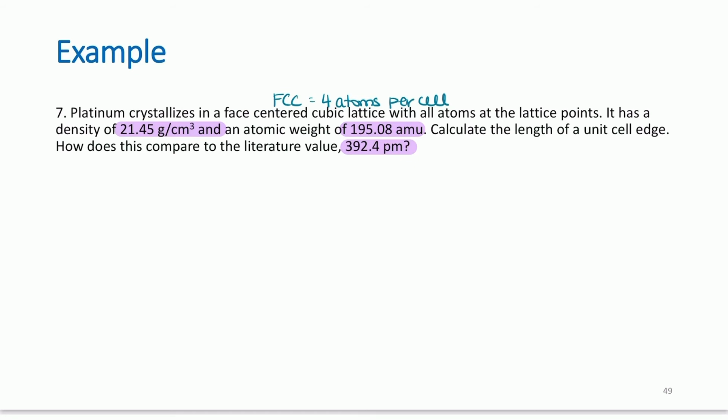So I've got 195.08 AMU, density 21.45 grams per centimeter cubed. I've got a literature value I'm comparing it to. I'm going to calculate the mass of the atom, so the mass of a unit cell, from the atomic weight.